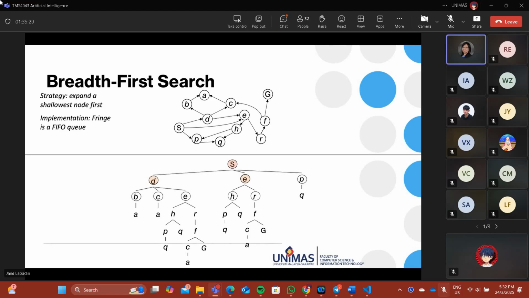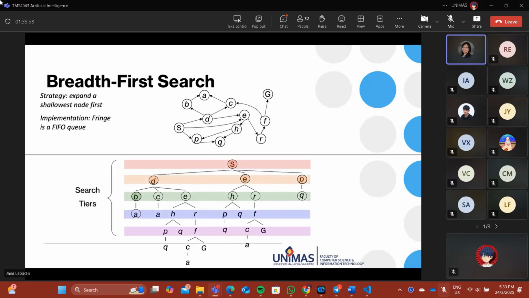So it fringes out E and then it fringes out P. Now that all those nodes are fringed out, it will go to the next shallowest one, which would be B. So fringe out B, then fringe out all that C, E, H, R, and so on. So it goes to the right first.